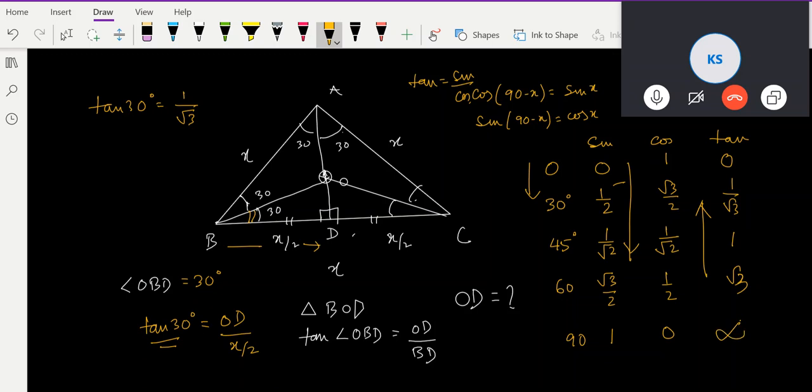Infinity, because it's 1 by opposite 0, right?